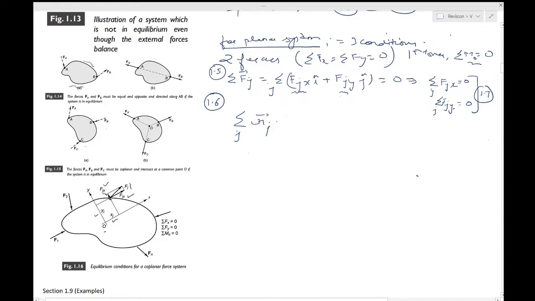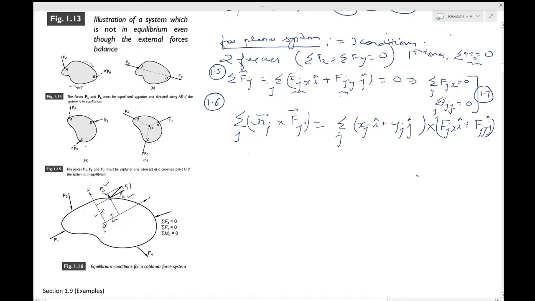R is the position vector from O to the point of application of that external force, and that external force is Fj. Okay, this can be written by writing the position vector as xj i cap plus yj j cap, cross Fjx i cap plus Fjy j cap.